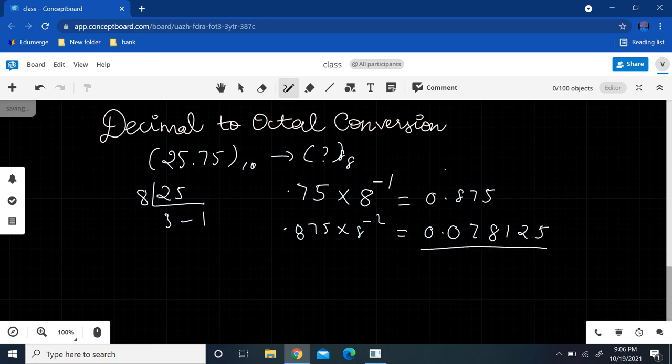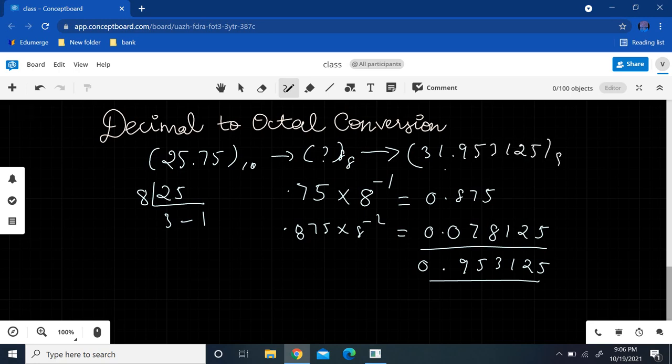If you add this, you will get 0.953125. So now we have converted the given decimal number into octal. As a result, we got 31.953125 base 8.